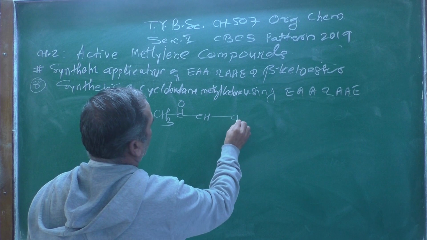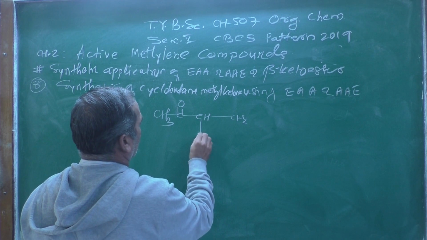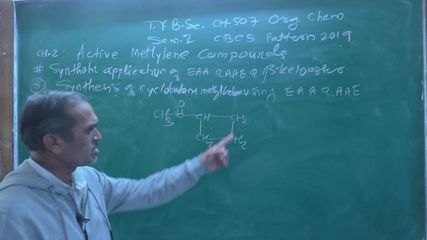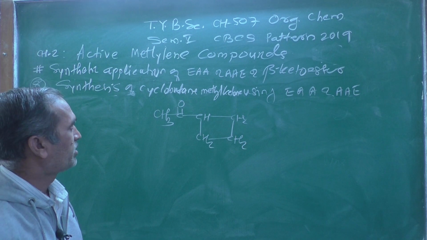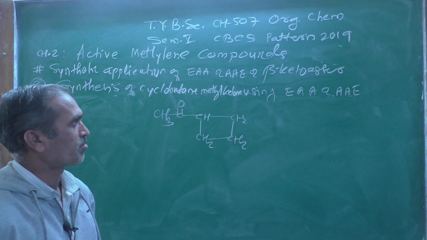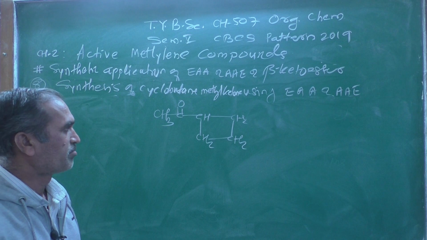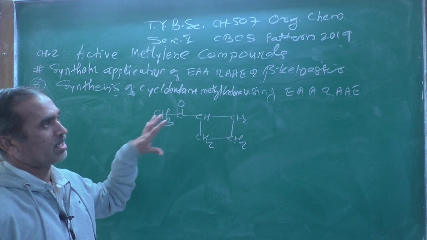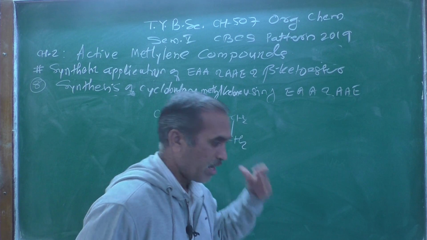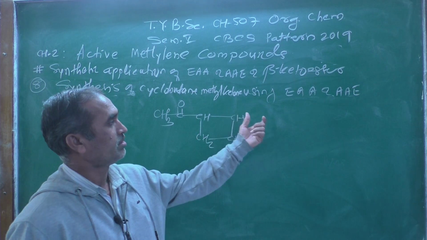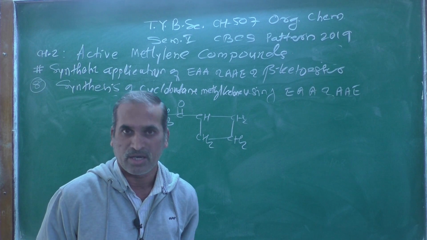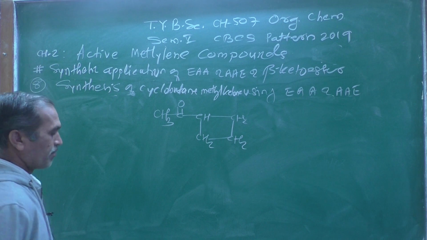Here CH2, once again CH2 and this CH2. This is a cyclobutane ring, and there is a methyl and a ketone, meaning a carbonyl group. This is the given target molecule, and they have provided us the starting material also, which is ethyl acetoacetate or acetoacetic ester.